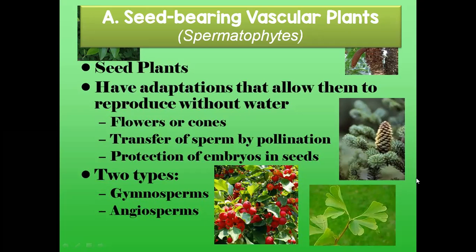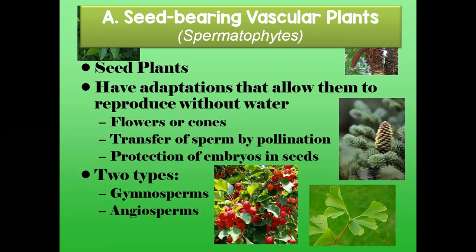These plants have seeds for reproduction. Based on the name, seed-bearing vascular plants. And these are the largest group of vascular plants. There are two groups of seed-bearing vascular plants, the angiosperms or flowering plants and the gymnosperms or non-flowering plants.